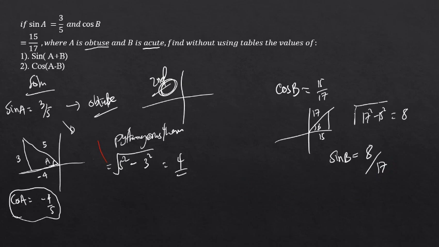So the next thing is to answer the question. Question 1: we are asked to find sine of (A plus B). And we know, according to the trigonometric ratios, sine of (A plus B) is sine A cos B plus sine B cos A, right?